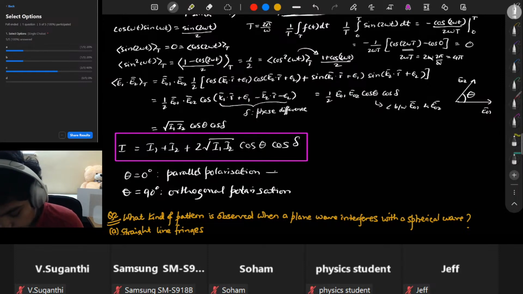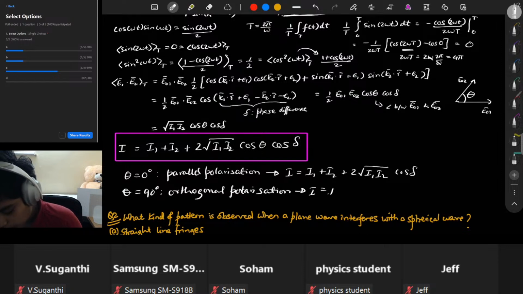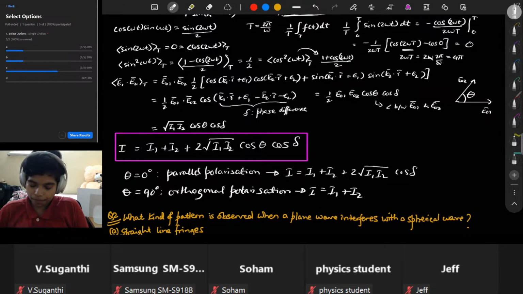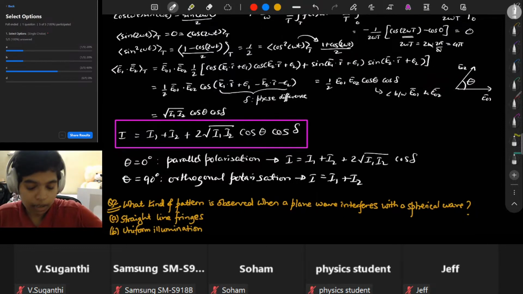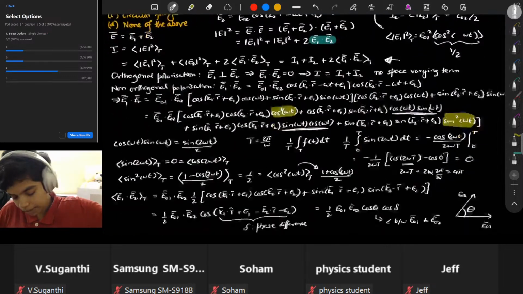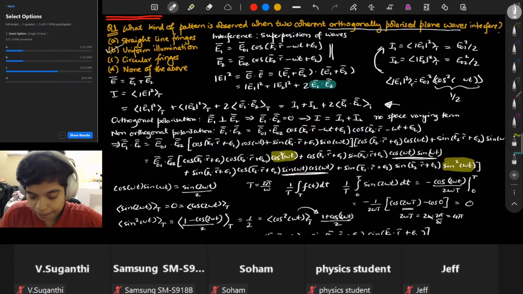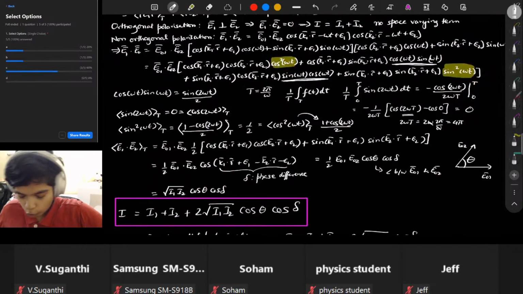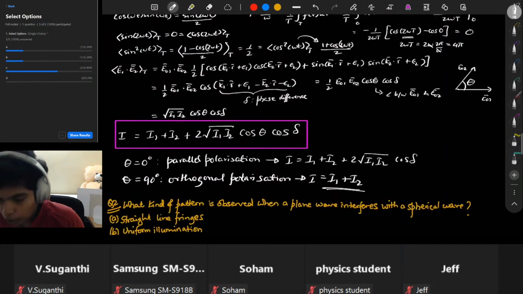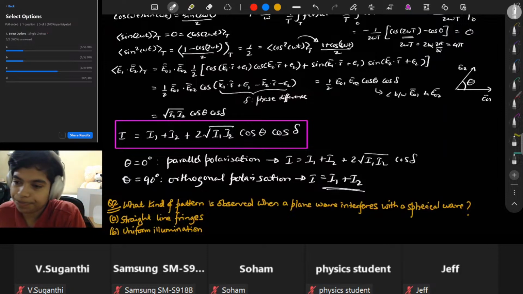For parallel polarization, you get I equals I1 plus I2 plus 2 root I1 I2 cos delta, and for orthogonal polarization, you simply get I equals I1 plus I2. I hope this clarifies this question, and we have also solved for the most general case when dealing with interference effects. I believe now you understand why it is uniform illumination: it is just I1 plus I2 and there is no space varying part.